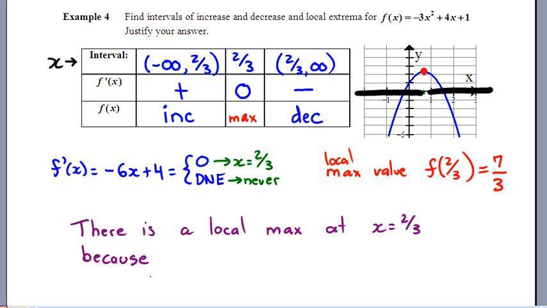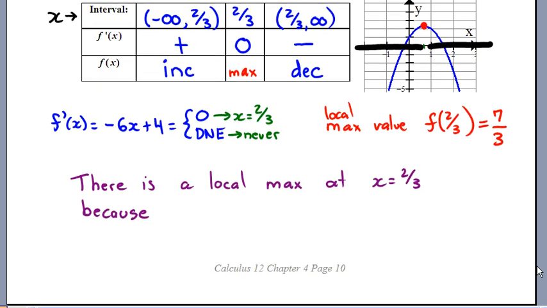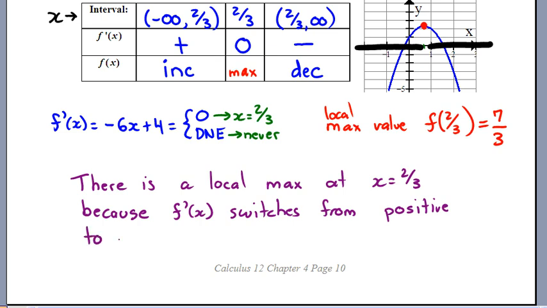Now don't say the function switched from increasing to decreasing, because kids in grade 5 can do that. You have to say because f prime, because the derivative switches from positive to negative.